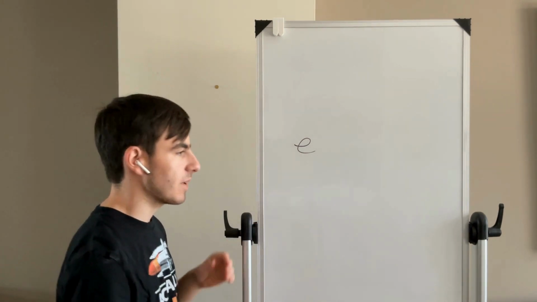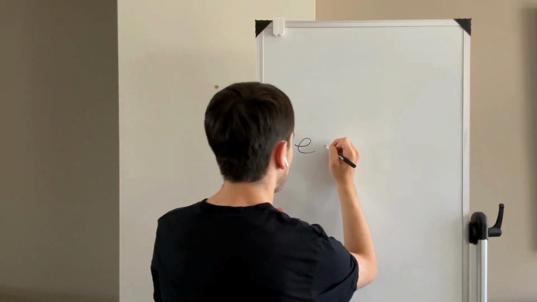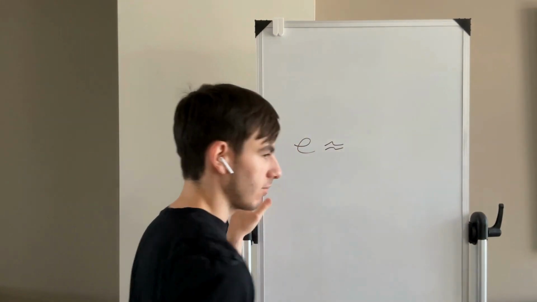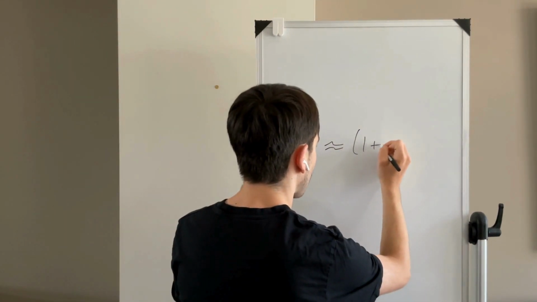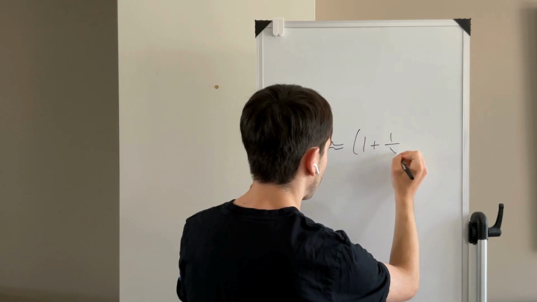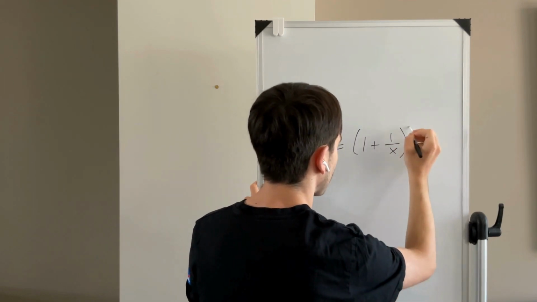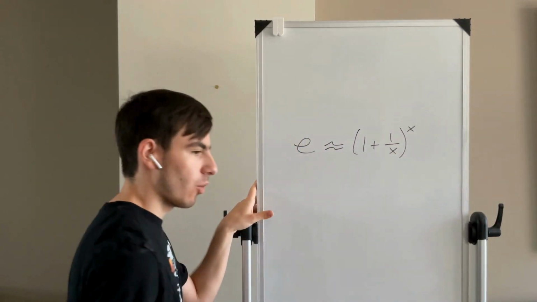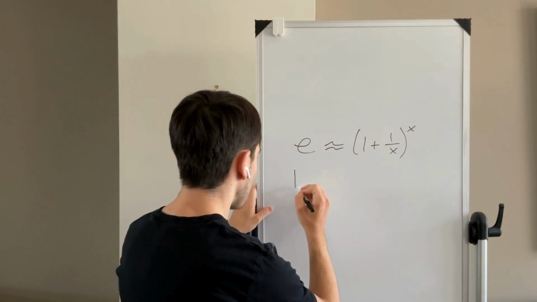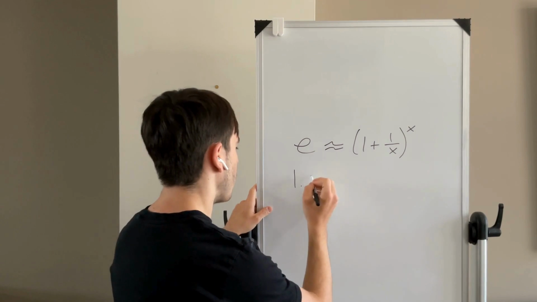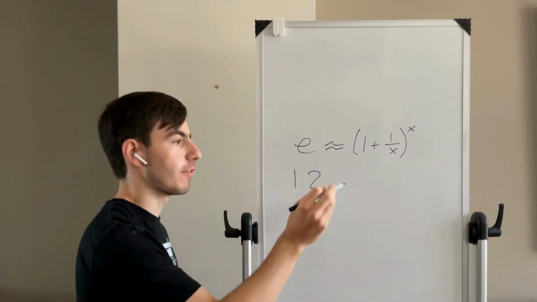The idea behind e is that you get an approximation of it by taking 1 plus 1 over something, let's call it x, to the power of that something. Let's use 5 as an example. If I take 1 plus 1 over 5, that's going to be 1.2, right? 1 1/5.